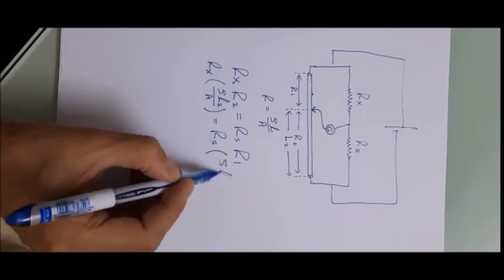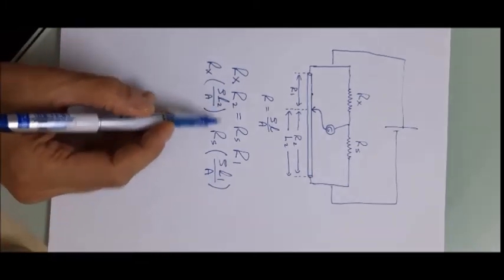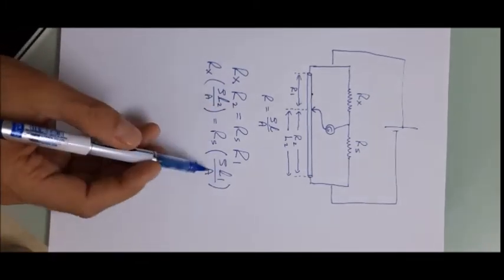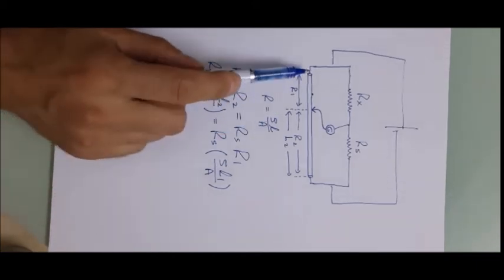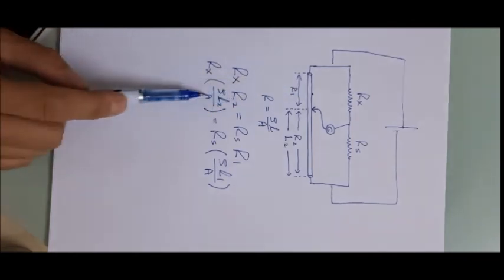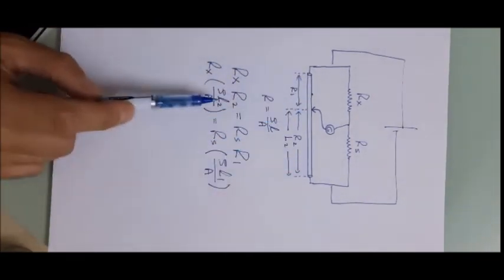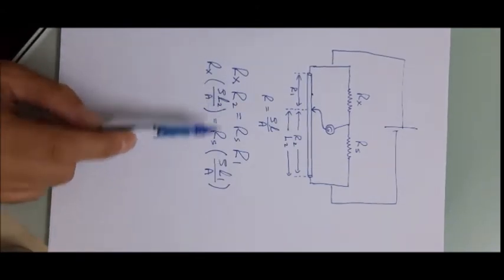rho L1 over A. Notice that I used L1, L2, but I didn't use A1, A2, since the area or the thickness of the wire for this part or this part is the same, and this wire is of the same material, so no need to say rho 1, rho 2.